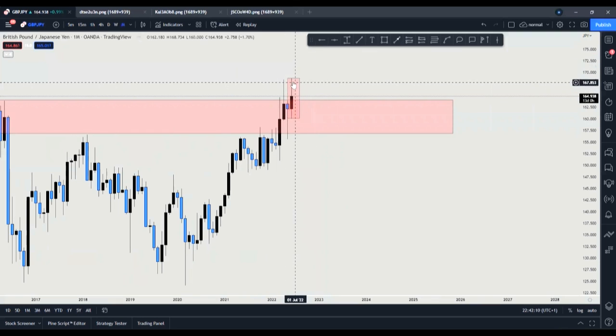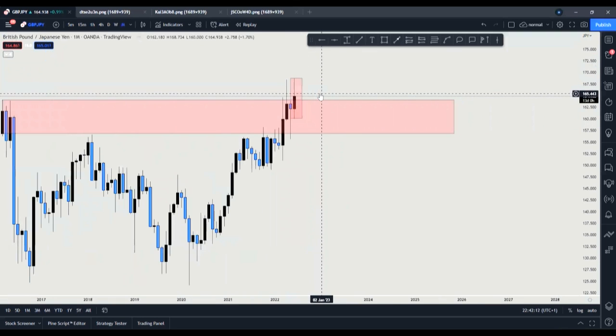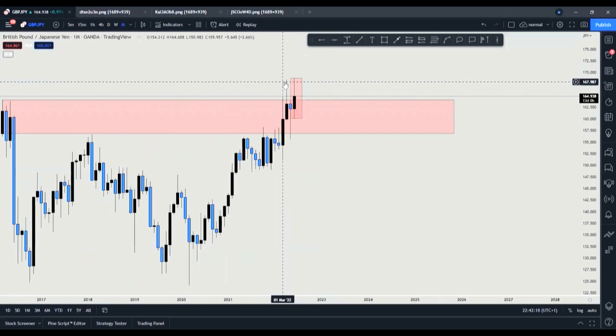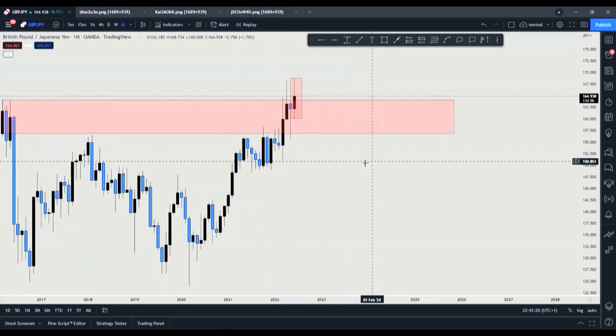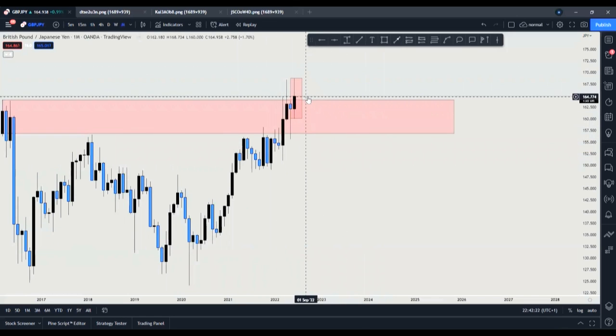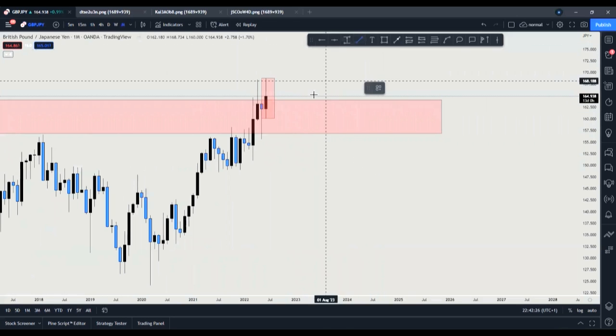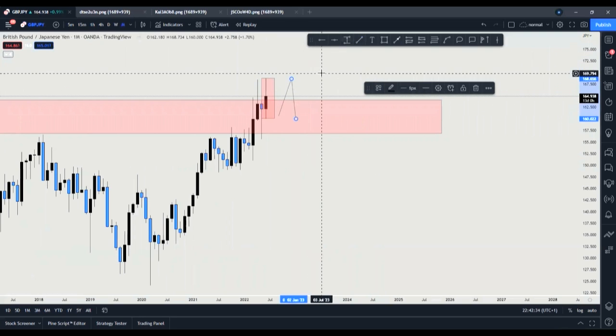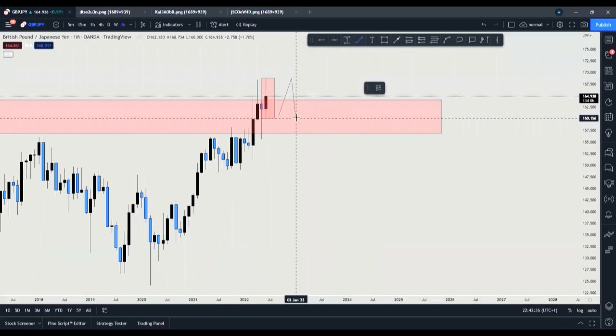As we go down on the lower time frames, you will see that eventually you can frame your setup with the higher time frame view on the lower time frames. What we were expecting was a bullish open, and then for price to eventually close bearish. And that's what we saw.